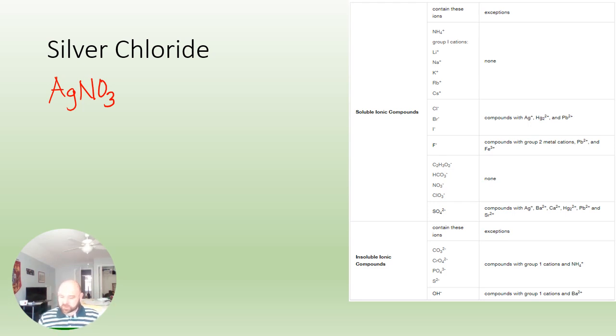If I go and check the solubility rules here that I have in front of me, I don't see any silver anywhere, but I do see the nitrate sitting here. And nitrate is part of the soluble ionic list with no exceptions. So all nitrates are soluble, meaning that silver nitrate is a soluble ionic compound. It does dissolve well in water.